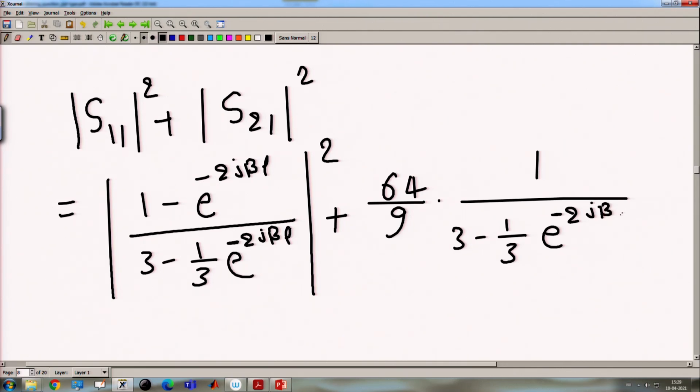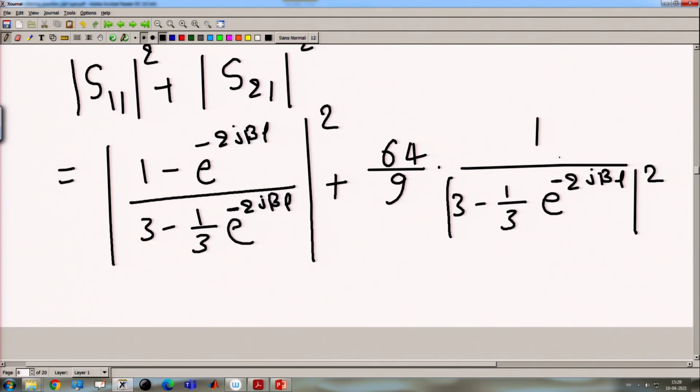We are just substituting the above values. Here it is mod of S11 whole square plus mod of S21 whole square. So, it is coming in this format.